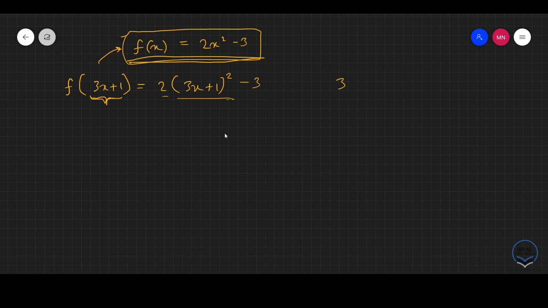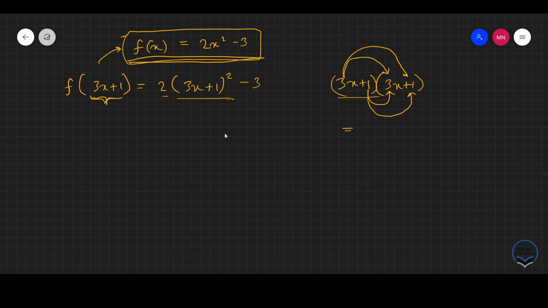So in case you're unfamiliar with how to expand something like this, we have 3x plus 1 times 3x plus 1. So we just multiply the first term with the first term of the other expression, and then the first term of this expression with the second term, and then the second term with the first term, and the second term with the second term.